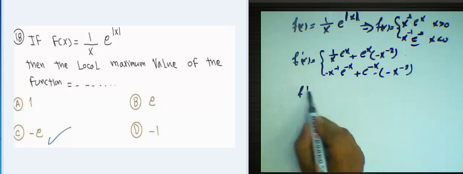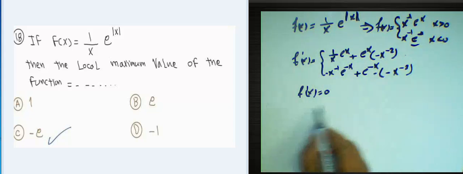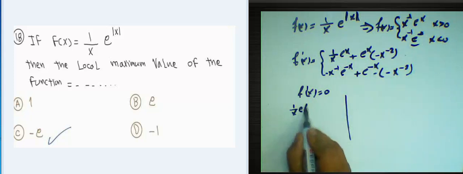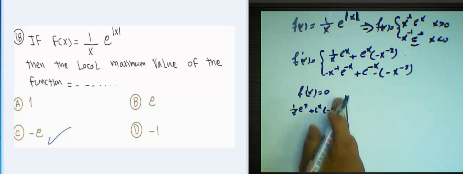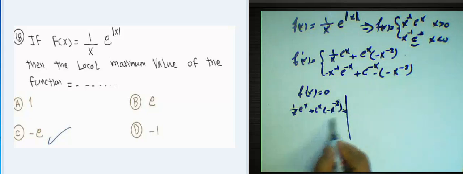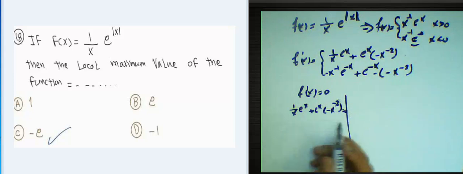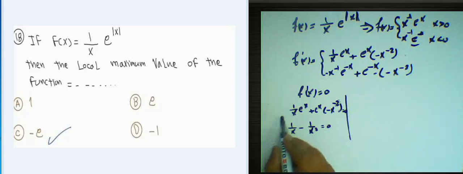Now set f'(x) = 0. For the first piece, (1/x) e^x plus e^x times negative x^(−2) equals 0.